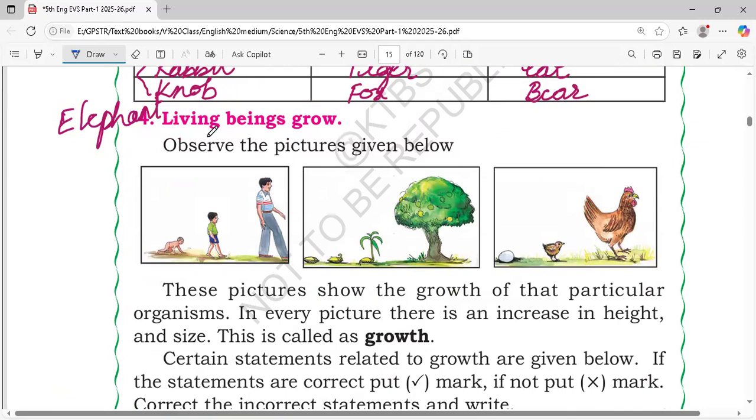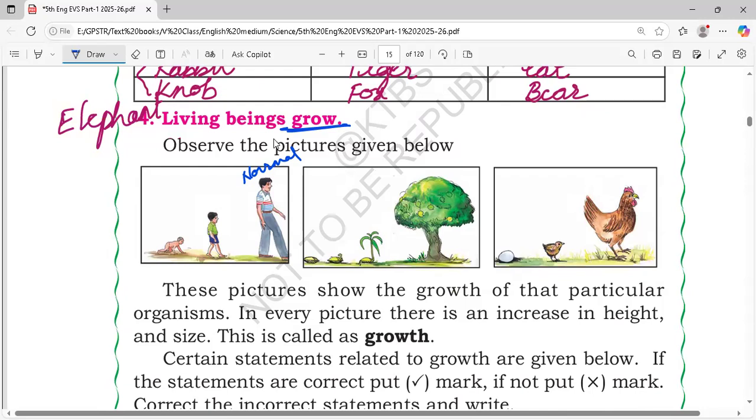Fourth characteristic is living beings grow. Living beings show growth. Here, small kid. Here, some growth arises.